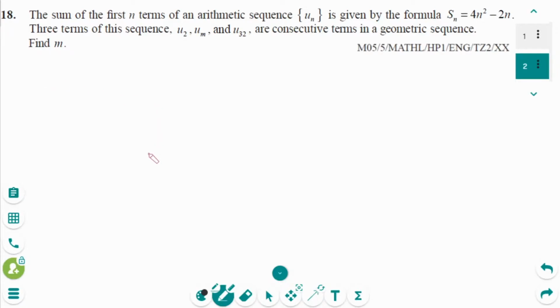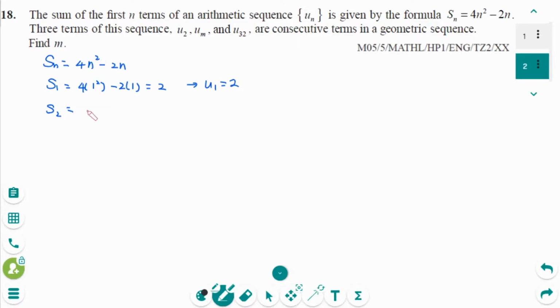This is the May 2005 HL Paper 1 question. Sn equals 4n squared minus 2n. So S1 equals 4 times 1 squared minus 2 times 1, which is 2. So U1 equals 2.